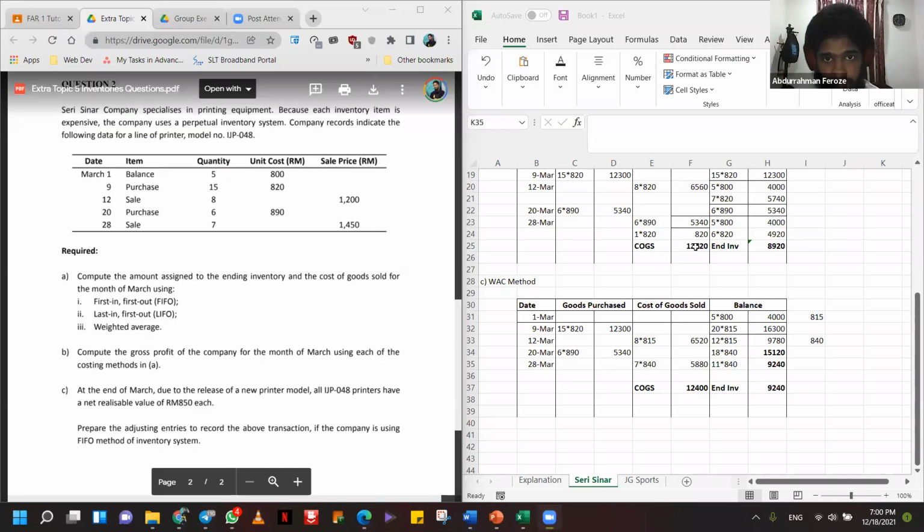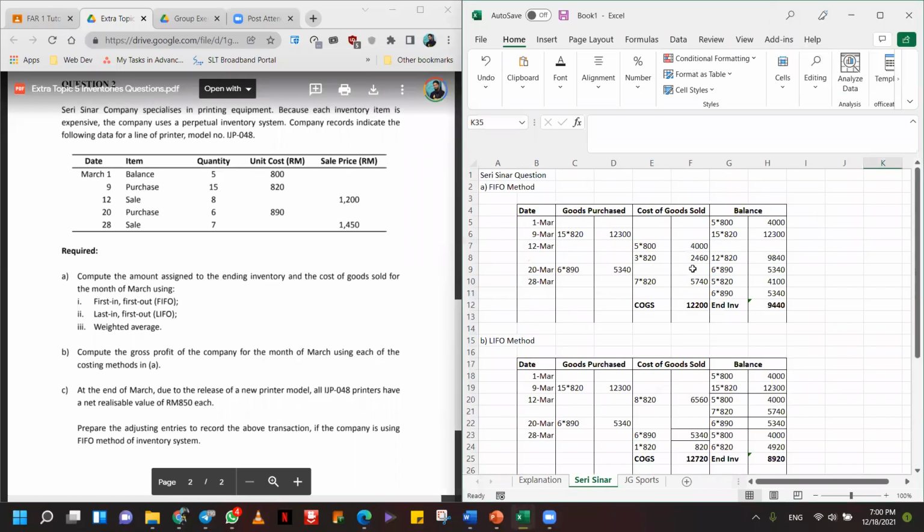Okay. Can you see my screen? Yes. All right. I can see my screen.